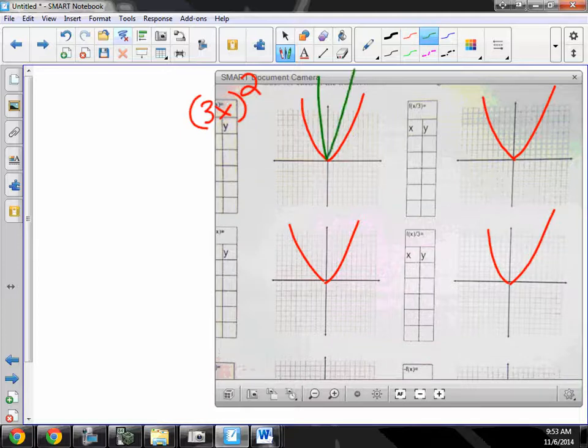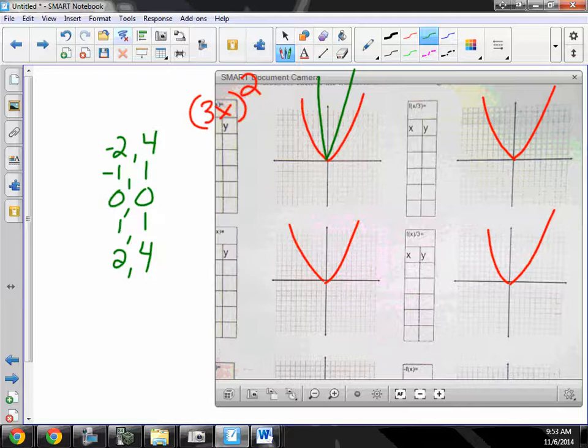Okay? Well, if you looked at your values, the first one, the normal -2, 4, -1, 1, 0, 0, 1, 1, and 2, 4. That's the original x squared equation.